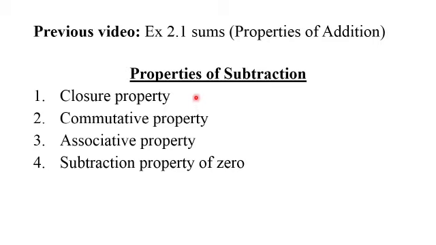We have 4 types of property here, same as the properties of addition: first, closure; second, commutative; third, associative; and fourth, the subtraction property of 0, that is the identity property. We are going to find out which properties hold under subtraction.